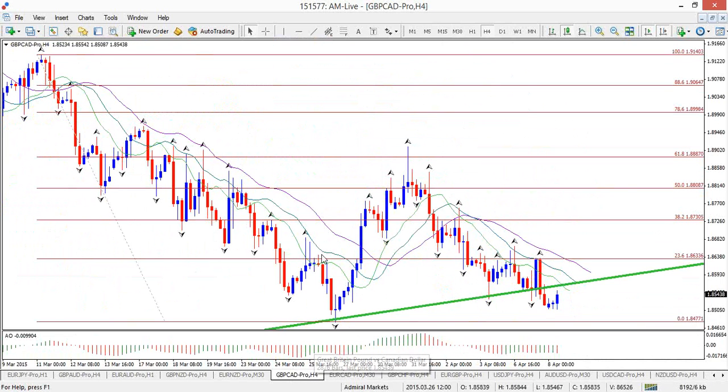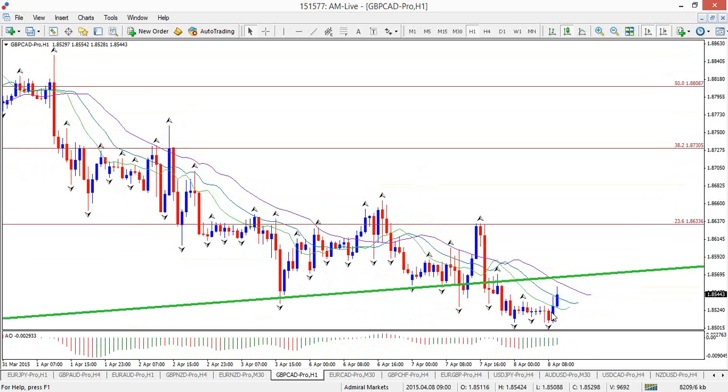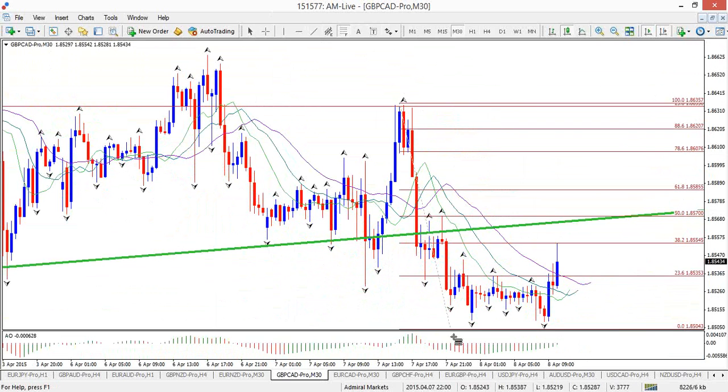And there is the potential that despite this break on the PoundCAD that's happening right now, it might not get followed through. We're actually pulling back. And the break didn't go too far, so it's certainly an iffy break at the moment.